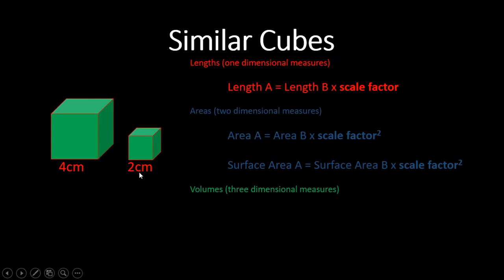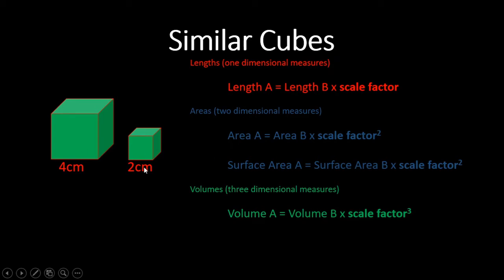I'm multiplying the scale factor in 3 different dimensions. I'm multiplying by the scale factor, multiplying the scale factor again, and multiplying by the scale factor again. That's multiplying by the scale factor cubed. Okay, so the volume of A is equal to the volume of B multiplied by the scale factor cubed.